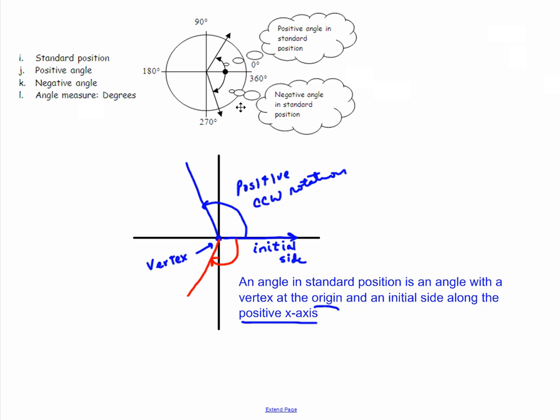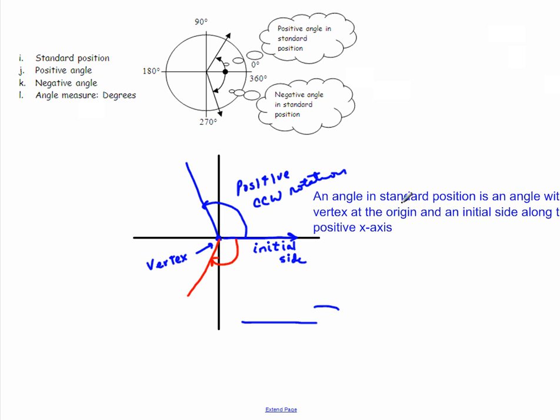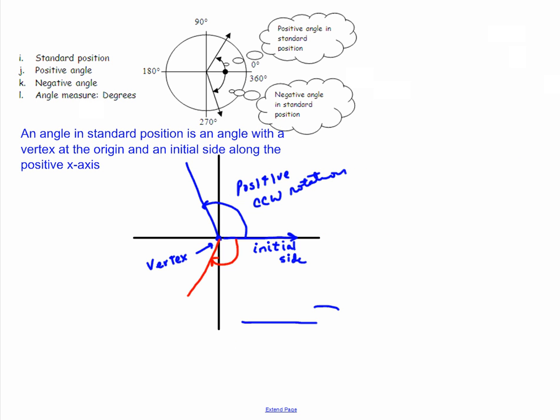Let me move this over here a little bit. So for our negative angle, we always associate that with clockwise direction. Right? So it's very important to us because when we're talking about angles, it will matter in the way that we arrange our angles as we go in rotation, either in the clockwise or counterclockwise direction.